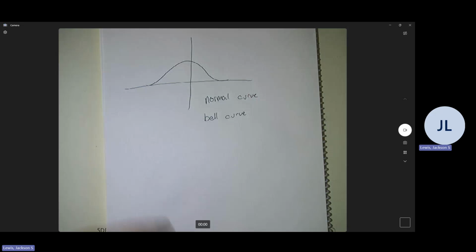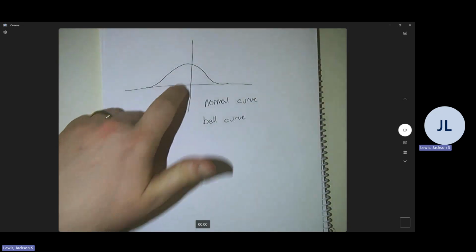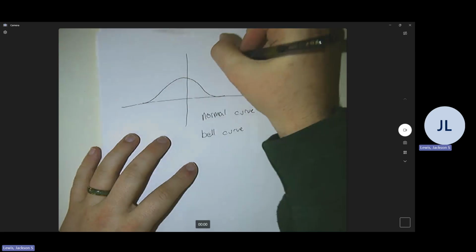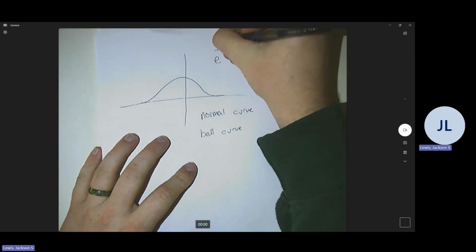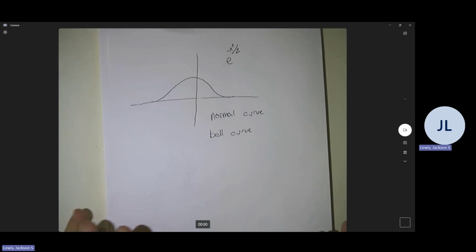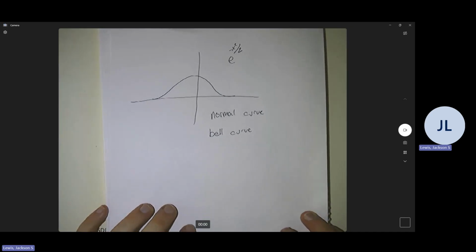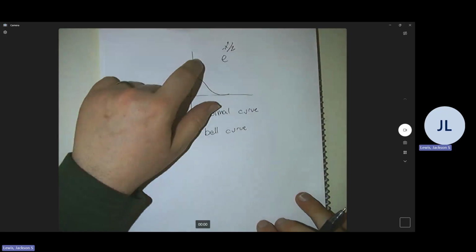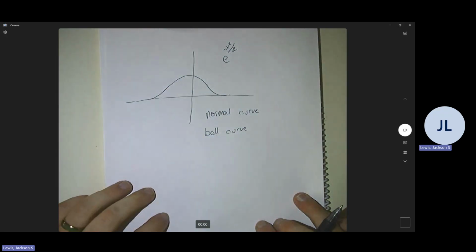It says that given a set of data, stuff tends to average towards the middle and then spread out evenly like this. This is represented by e to the minus x squared over 2. It's the function used for that. It's a very significant thing. If you do behavioral analysis or any sort of statistics, more than likely you'll see something like this.